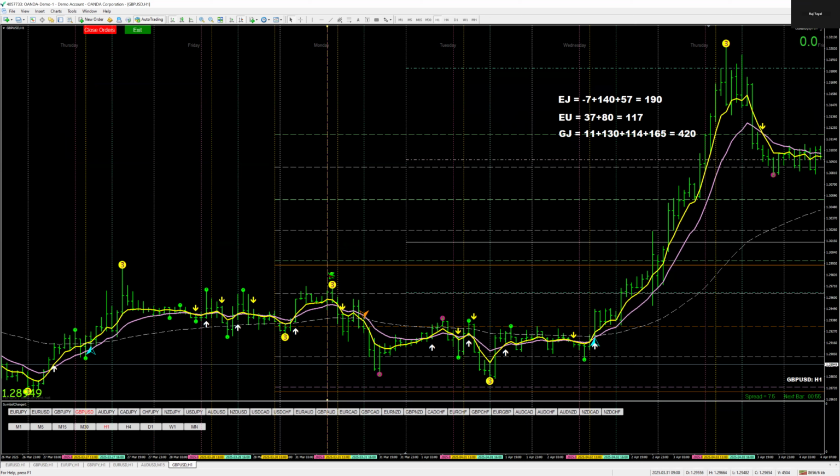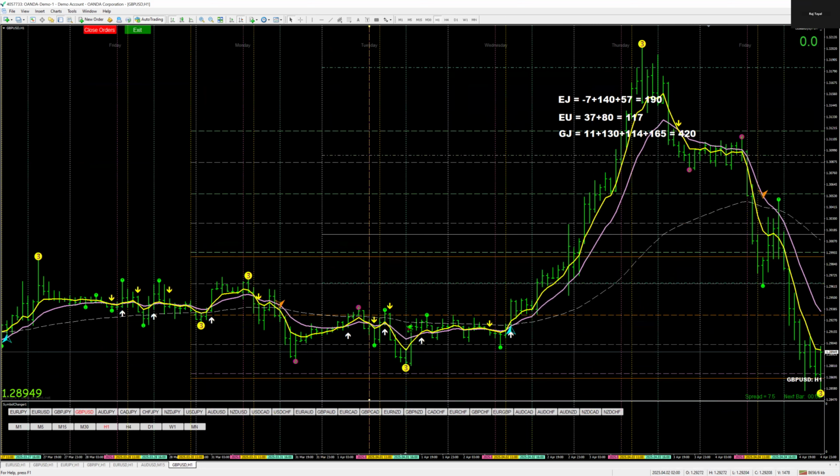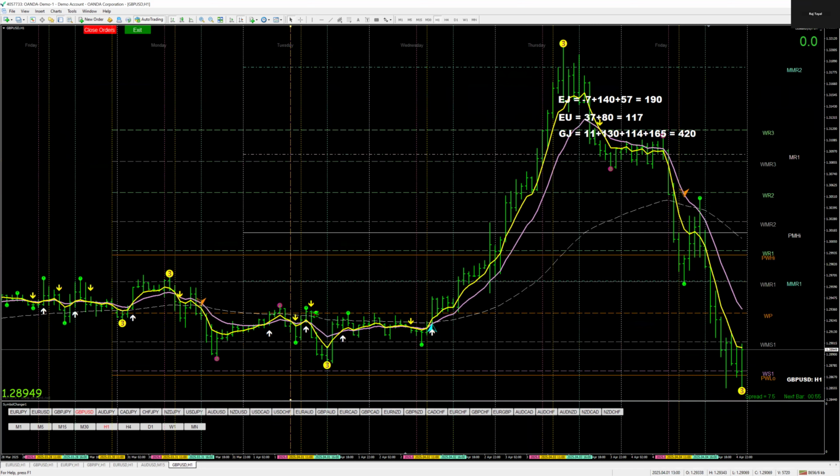All right, so we come to the next day. 4-hour short, daily still long, and so there's no trade here. And we come over here, and this is our first trade.